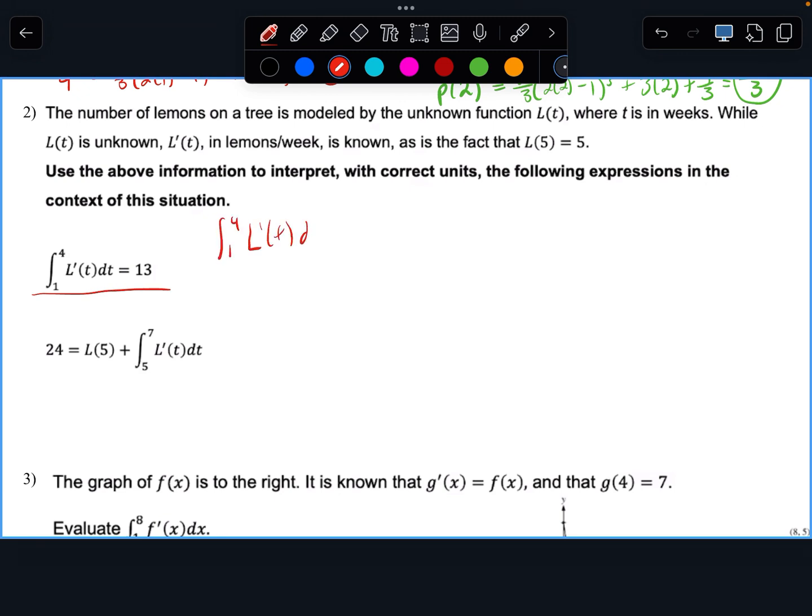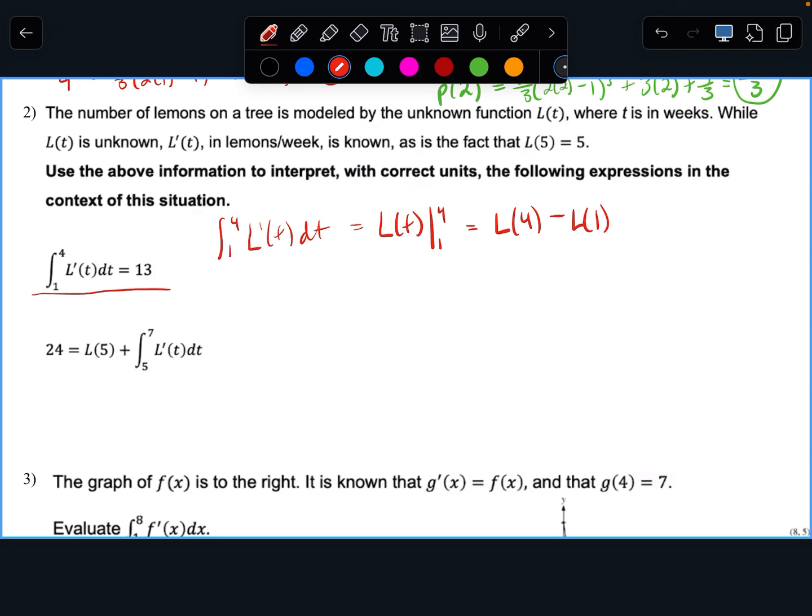I know this seems stupid, but I rewrite it as, okay, if I did the antiderivative of L prime, it would just be regular L, right? And it would be from 1 to 4. You do the antiderivative. I don't know the equation, so I'm just doing the notation, which is, then I would plug in the 4, and then you would plug in the 1, right?